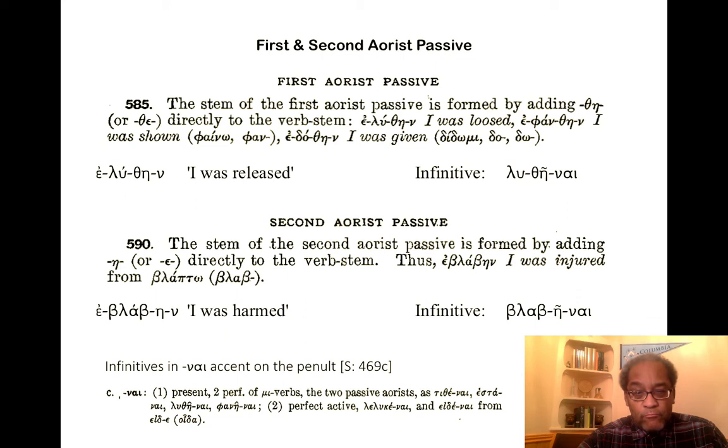So regarding these infinitives, the infinitives in nai, nu alpha iota, always accent the second from the last syllable, the penult. So we see that accent in the present and perfect of certain mi verbs, but here we see it also in the two aorist passives, and that's what we're looking at right here. So we have lutenai and blabenai as our infinitives of the first and second aorist passive, respectively.